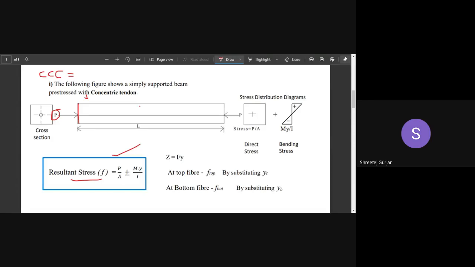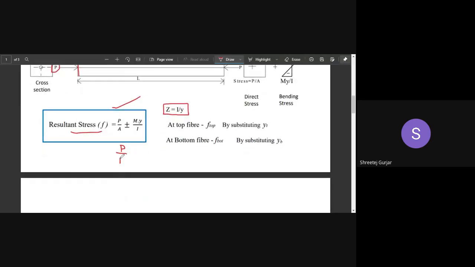What you can do is, instead of writing y by I, you can substitute I by y as Z. So your equation will become P by A plus or minus M by Z. Instead of I by y, I can substitute Z. It depends upon the individual whether you want to use y by I or substitute Z. Both of these will give you the same answer.